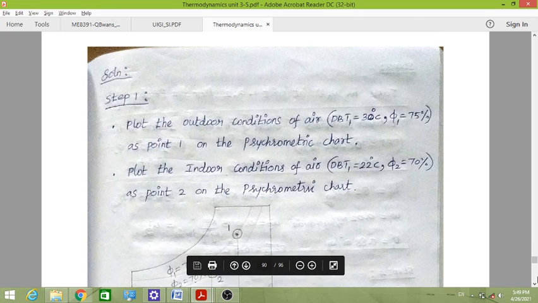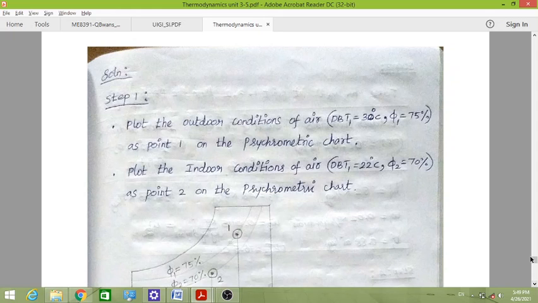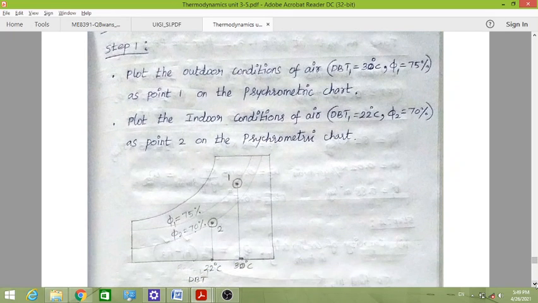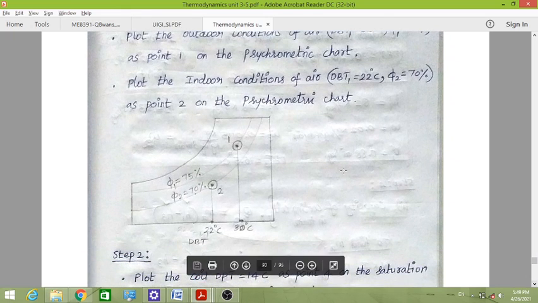So we can see step 1: plot the outdoor condition of air, that is 30 degrees and 75%, on the psychrometric chart, as well as the indoor condition, 22 degrees and 70%. That was also shown with this model psychrometric chart diagram. First, 30 degrees and 75 percent is point number 1.